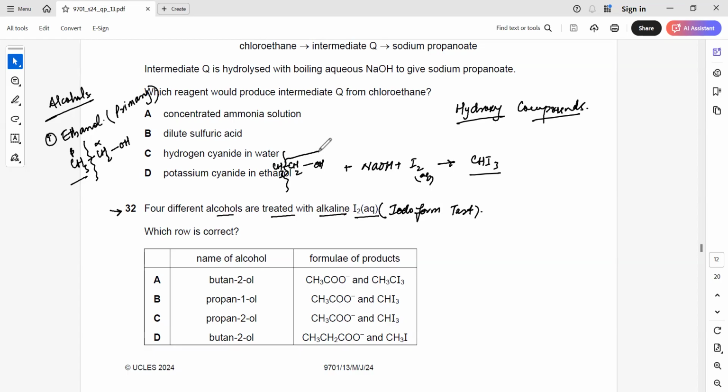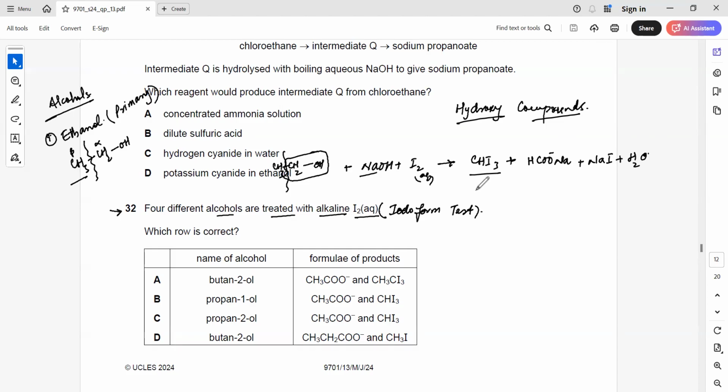And the rest of the molecule will give us an acid, which has only one carbon left. So it will be HCOO negative, and as we know there is an alkali, so it will be a salt. The other products are sodium iodide and water.